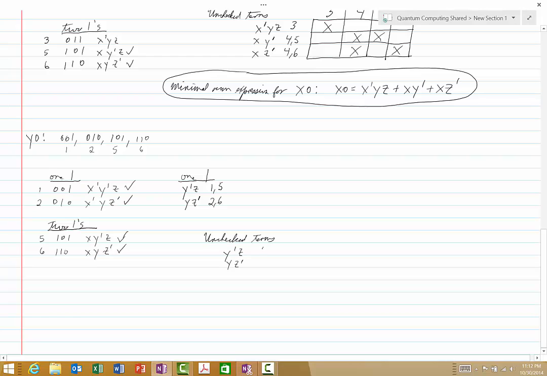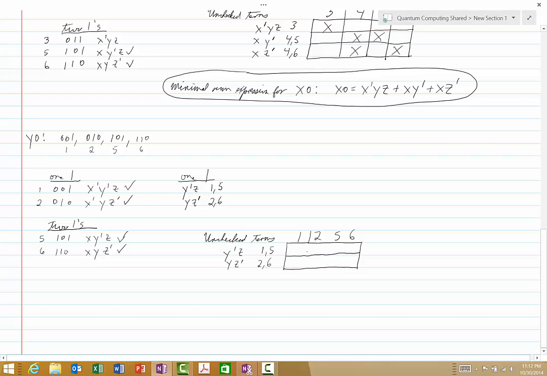Y prime z is 1, 5, and y z prime is 2, 6. Now we list horizontally the terms in the YO function, which are 1, 2, 5, and 6. You can see that in these cases, the Quine-McCluskey method is not so bad.